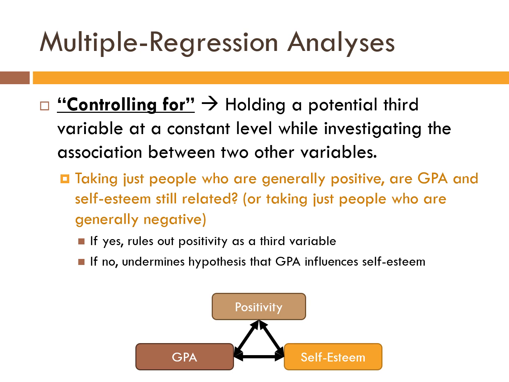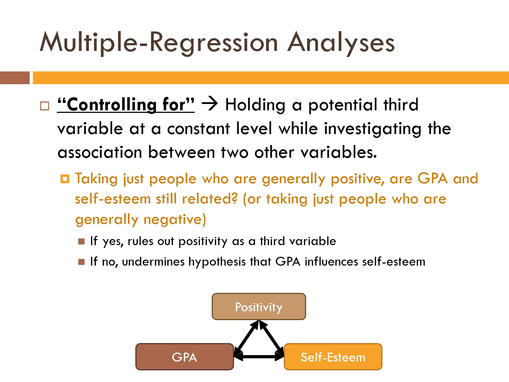If all of those people still have the same relationship between GPA and self-esteem, well then, positivity is not the explanation. You can rule out positivity as the third variable. So again, if it's still generally the same relationship, you rule out positivity.